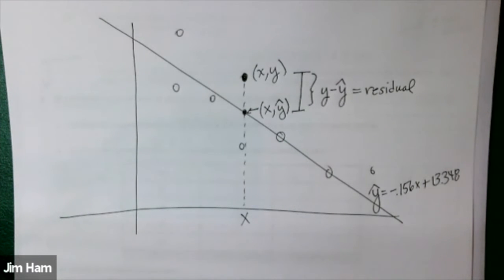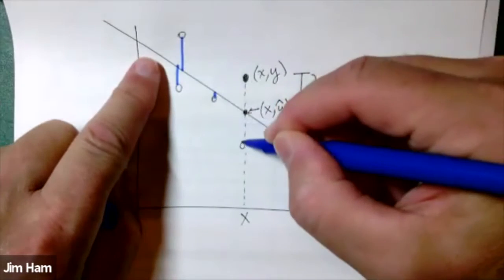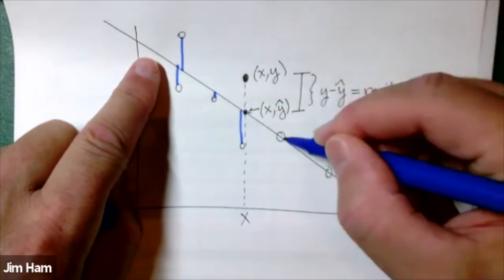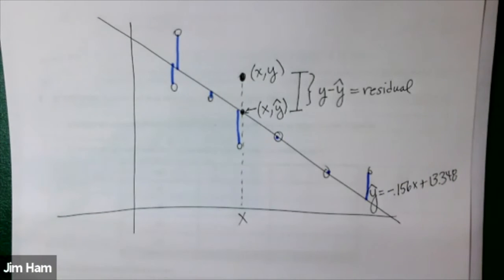And the way that the best fit line is calculated is they add all these deviations from the line, and they try to find a line for which the sum of all those vertical distances is minimum.